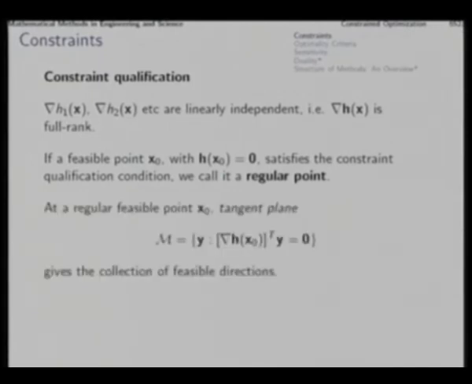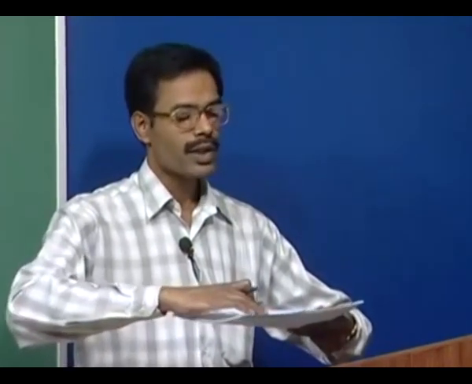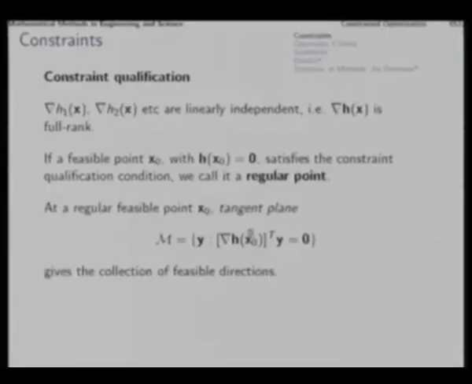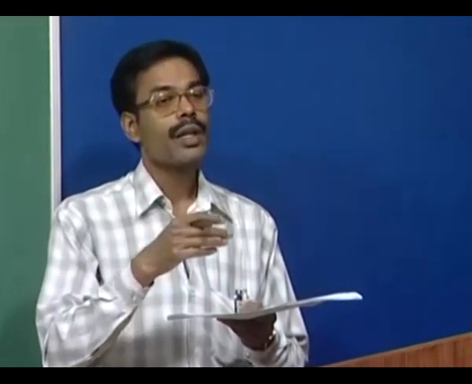Now, at such a feasible point which is regular, we have already discussed that in the tangent plane, any direction is perpendicular to all the grad h1, grad h2, grad h3, etc. Right. So, these are the feasible directions, that is, along that direction you can make an infinitesimal movement without violating any of the constraints.